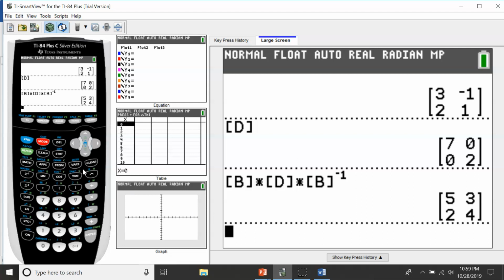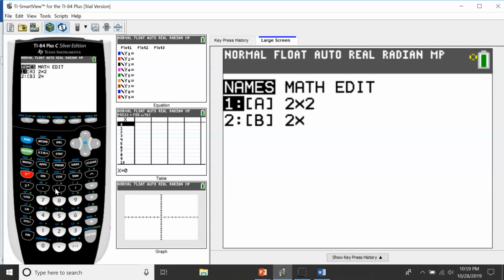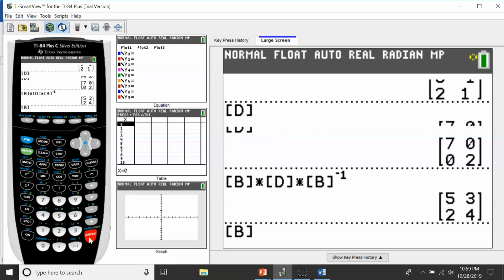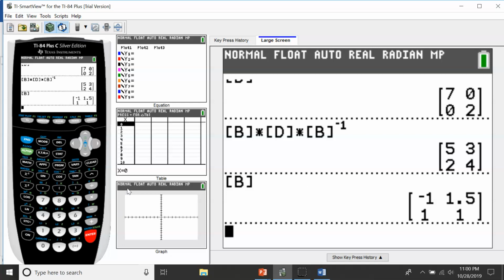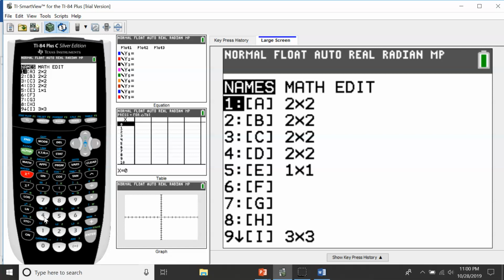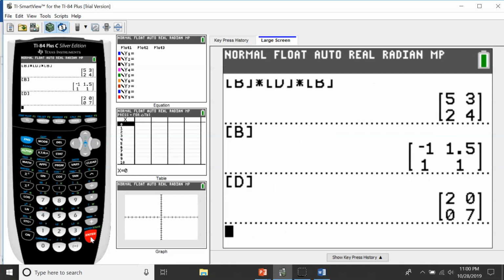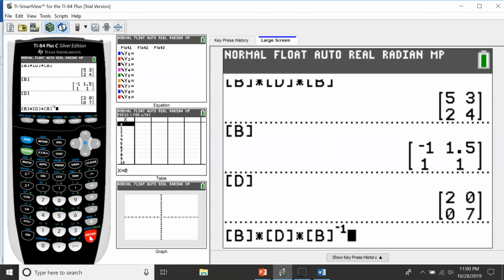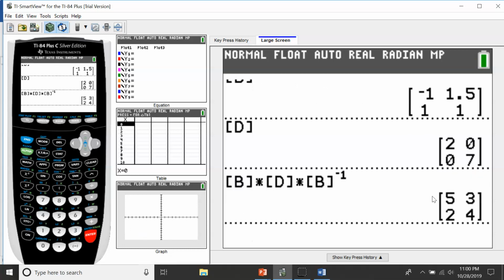But regardless, now my new D, or my new, let's do B first. My new B is that one. My new diagonal matrix is that one. And when you take B times D times B inverse, you still get 5, 3, 2, 4.